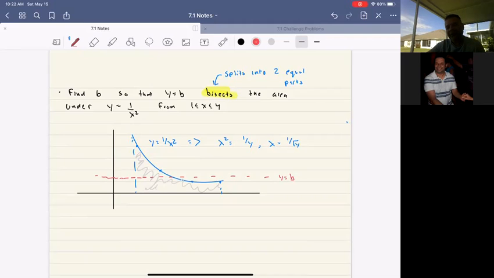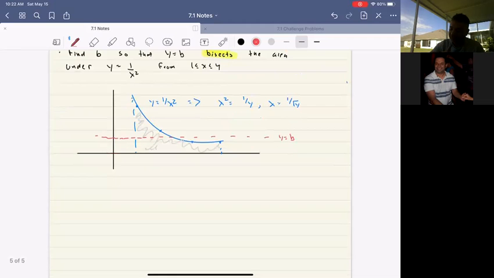So what are we going to need? We're going to need now a couple of points. There are a couple of ways we can do this. The first idea, well, we can just find this point.